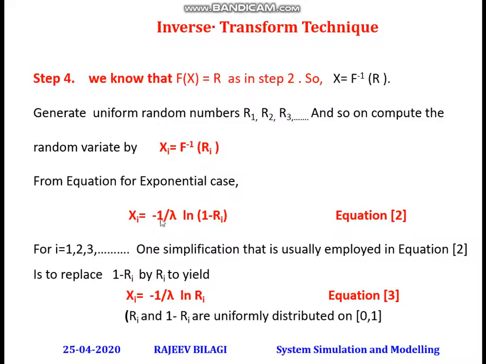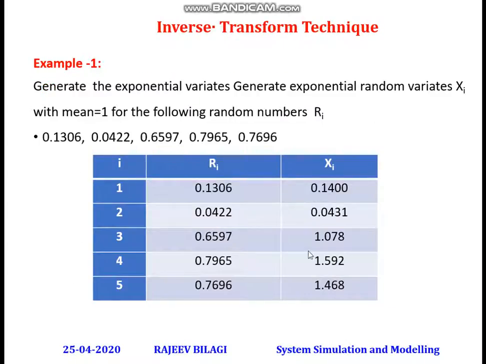So xi equals minus 1 by lambda, where lambda is 1 as given, times ln of 1 minus Ri. So substitute these values, and you are going to get these values for the random variables. This is how you find the different random variates with the given random numbers.